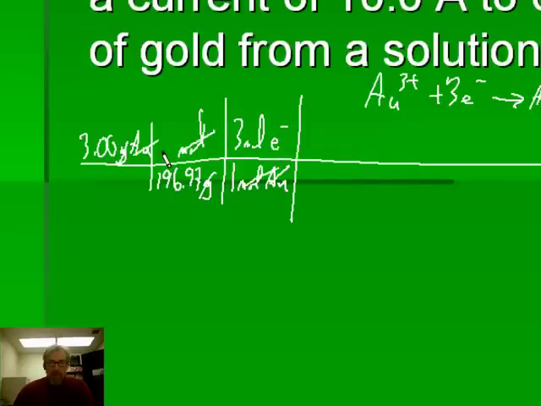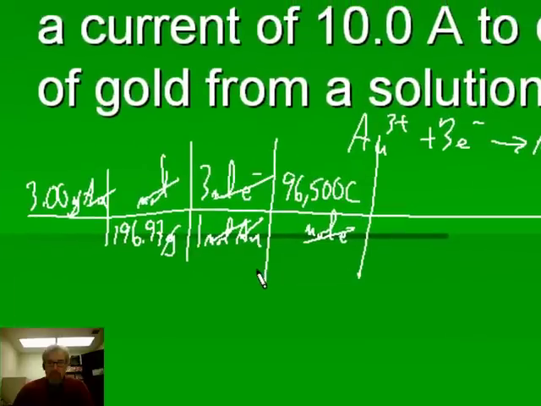So now I've changed from moles of gold to moles of electrons. Now to get this in terms of current, I need to use charge. So here comes Faraday's constant. There are 96,500 coulombs for every mole of electrons. Moles of electrons are now converted to coulombs.